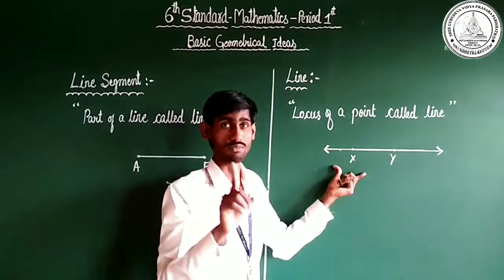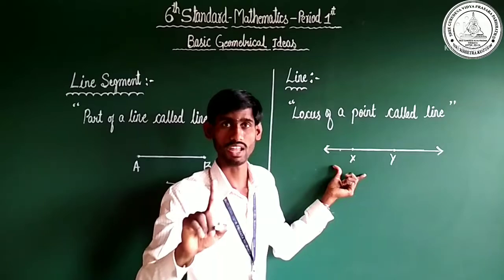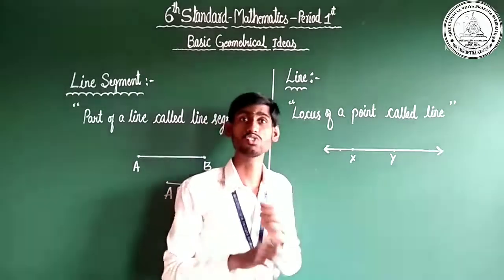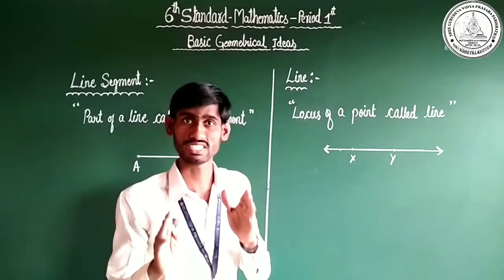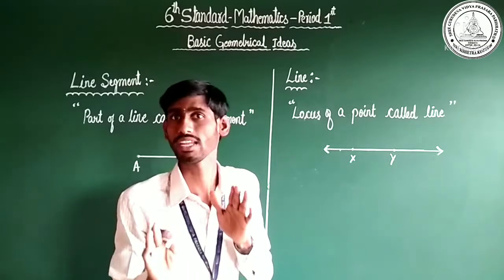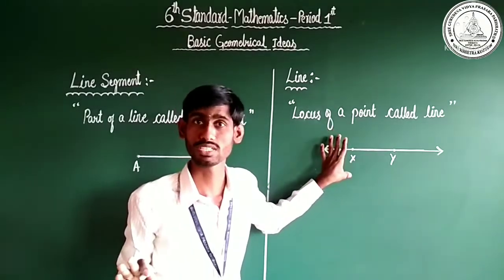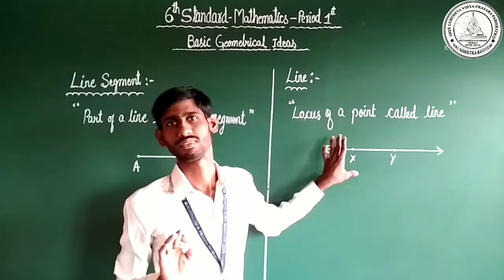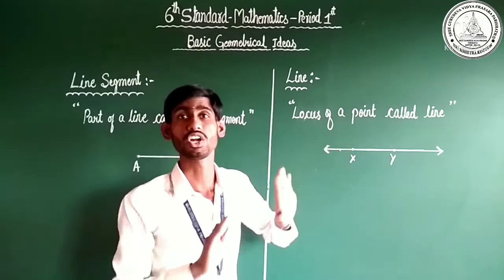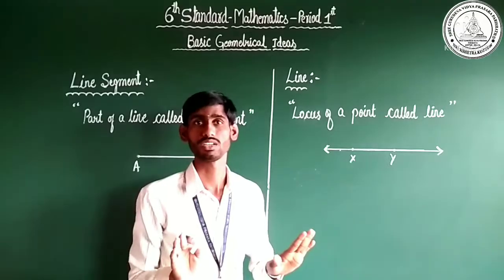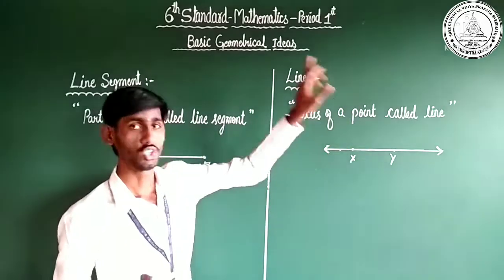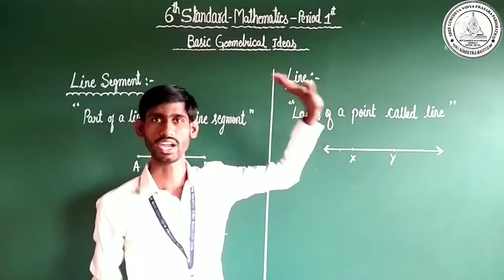It is not a line segment. A line has no particular fixed length. We can't find the measurement of a line. Dear children, it has no starting point and no ending point.